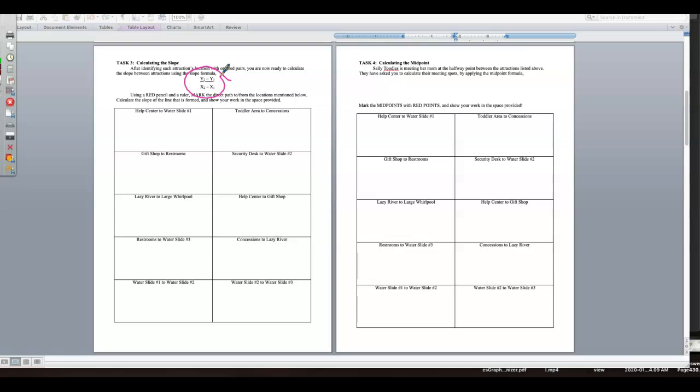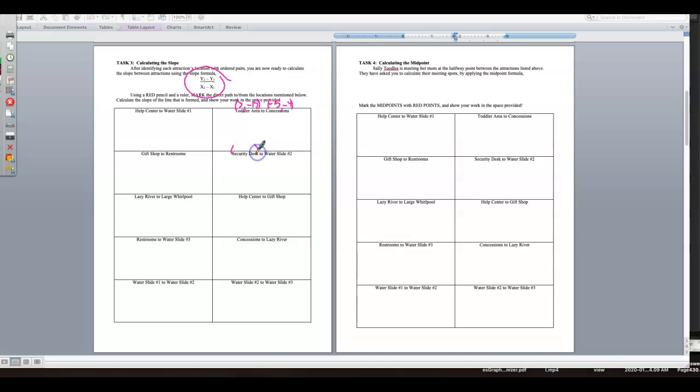I told you before you left that I wanted you to write the ordered pair above it so that A, it's easier for you to plug into the formula, and B, it's easier for me to check. So my toddler area coordinates were 7, -12, and my concessions area entrance was -5, -4. I want you to do that on all of them.